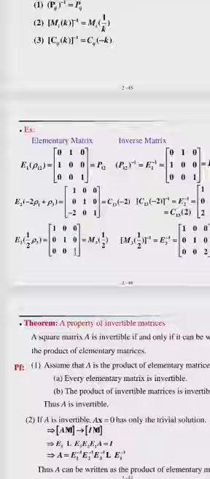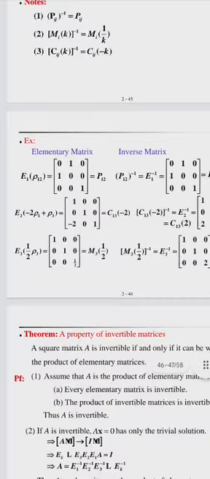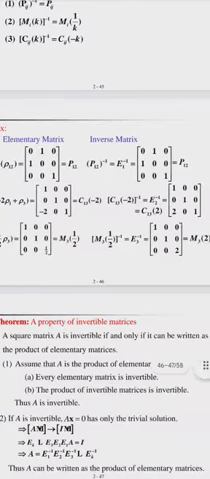Then the inverse matrix value is C13 of 2, the inverse of C13 of minus 2, equal to the same matrix 1 0 0, 0 1 2, 0 0 1.